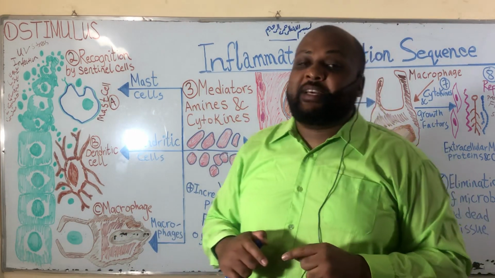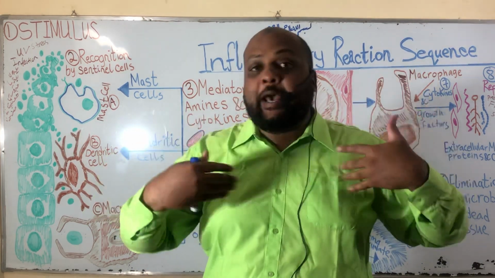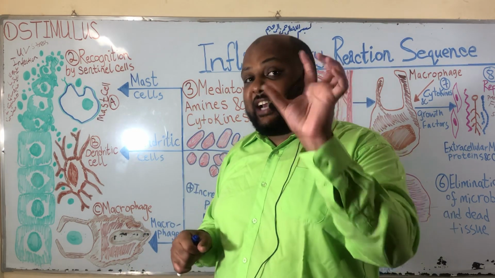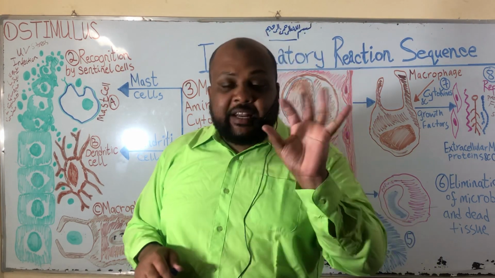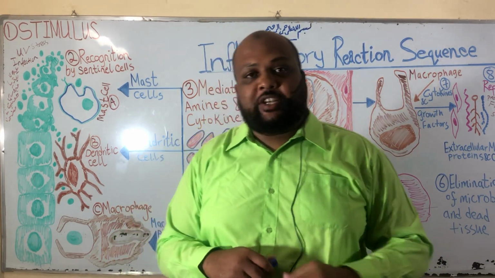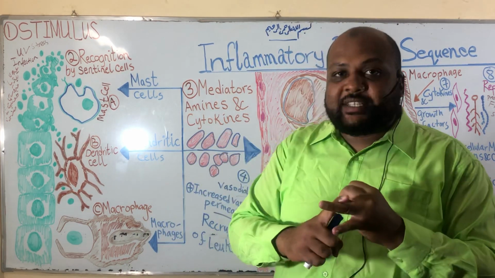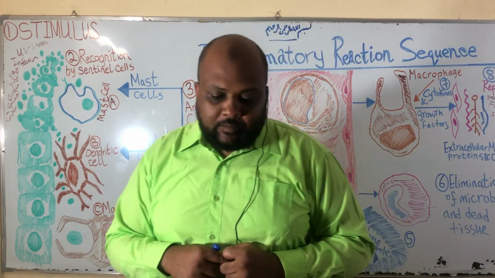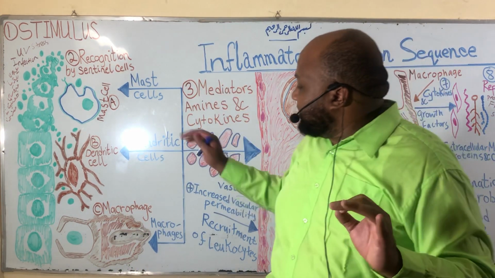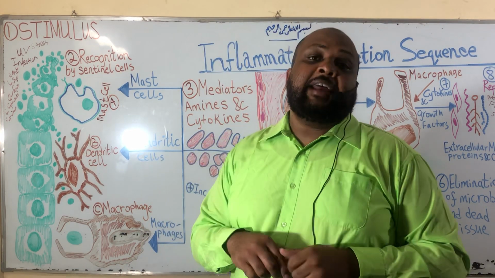You will be asked on the exam, what are the sentinel resident cells that are the first step in the inflammatory reaction, the cells that actually detect an immediate injury and then report it to the circulation. It's actually the sentinel cells, and they are mast cells, dendritic cells, and macrophages.